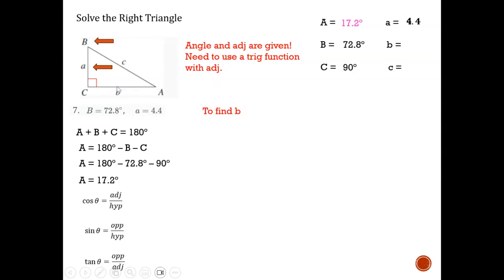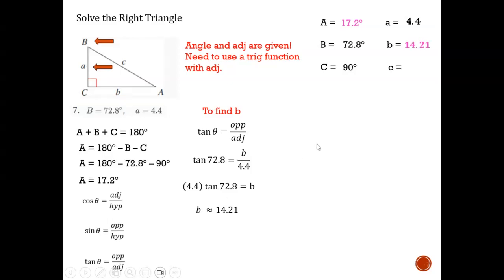To find b, we can use opposite over adjacent, which is tangent. Just plug in the values. Here we're going to multiply both sides by 4.4. So b equals 4.4 times tangent of 72.8 degrees. The answer will be approximately 14.21.